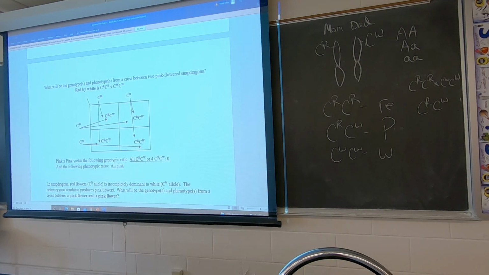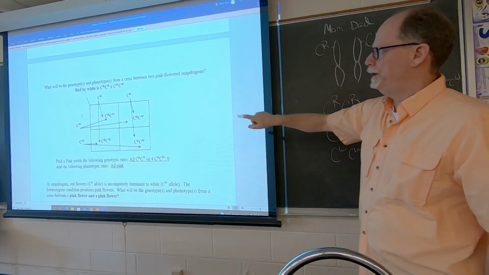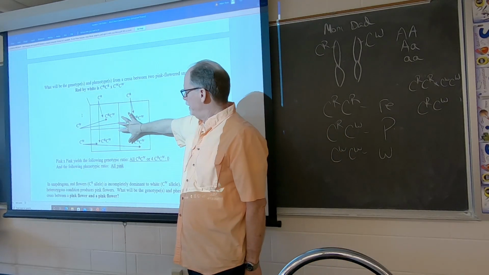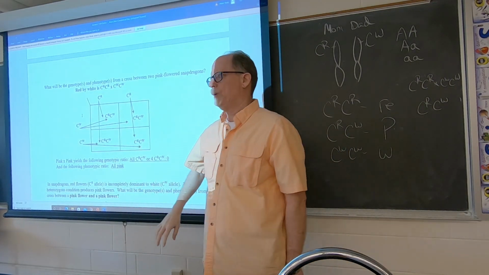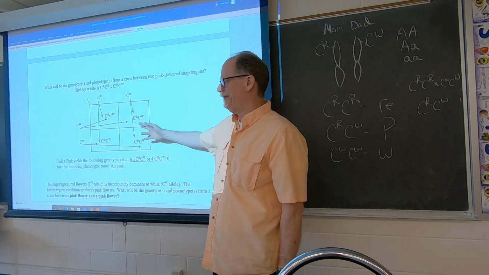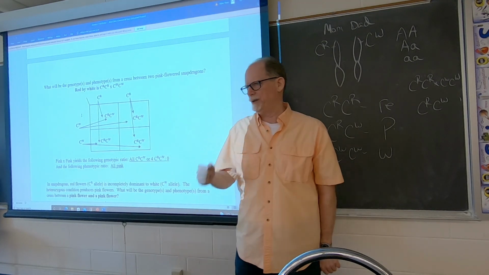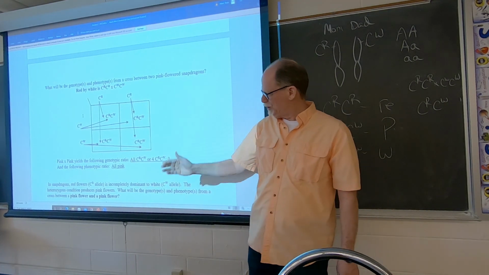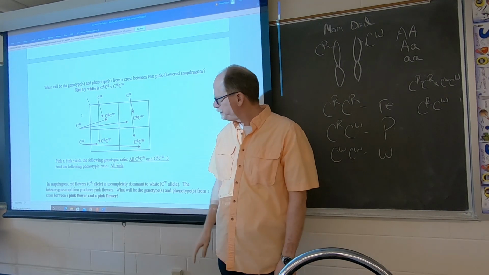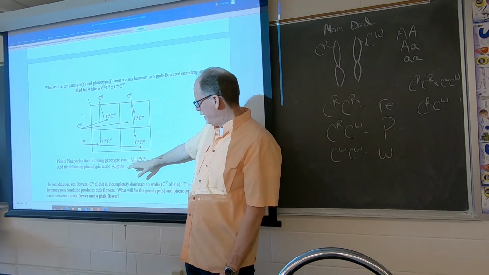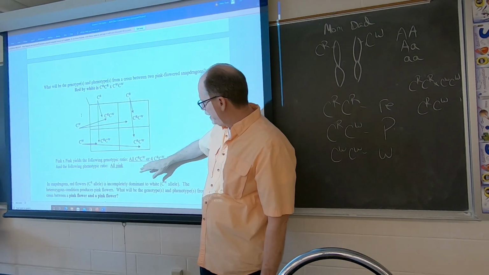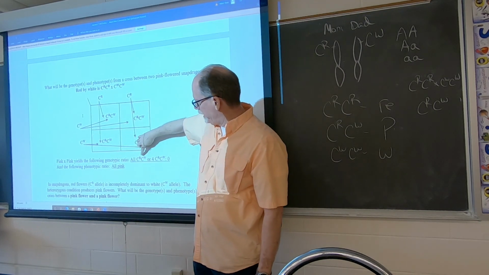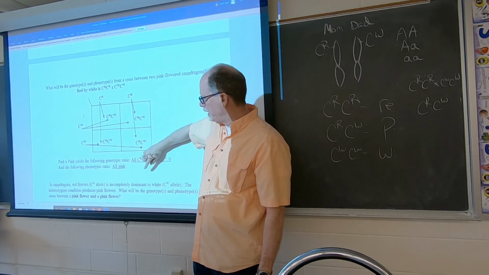Then this cross here that I put on the board would be the Punnett square. You're not going to have to do a Punnett square like this for the practical, but just doing it, I think, helps you understand. If you want to know the genotypic ratios here, all of them are the same, CRCW.